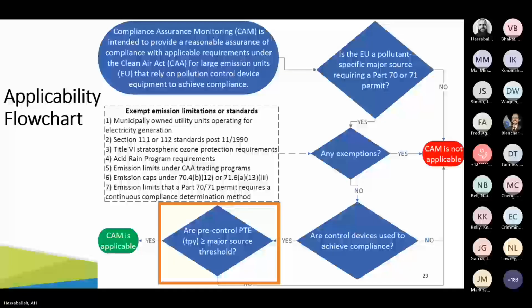So yeah, could you give an example of an emission cap under 70.4 paren b paren 12? I have always had a hard time with what would be a real world example of such an emissions cap. Right, I hear you.